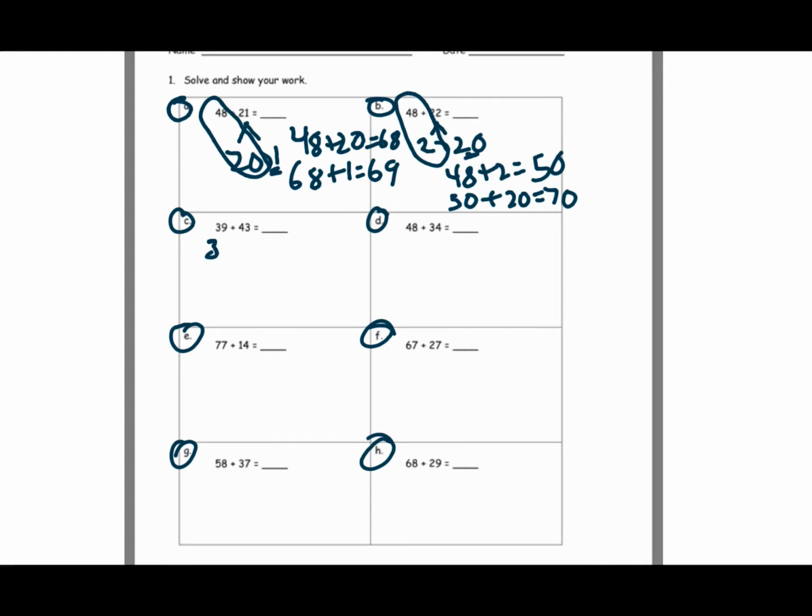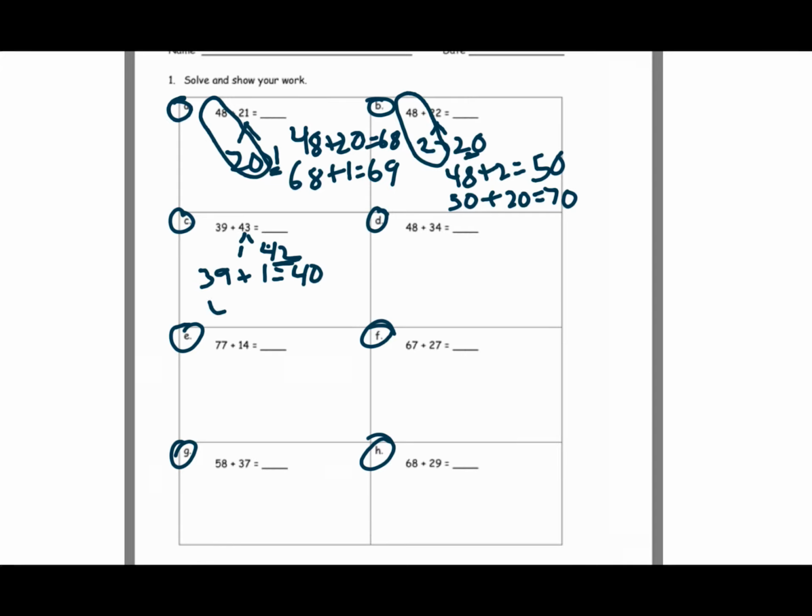So I'm going to decompose the 43 into 1 and 42. Let me erase this part over here. 1 and 42, and now I have 39 plus 1 equals 40.